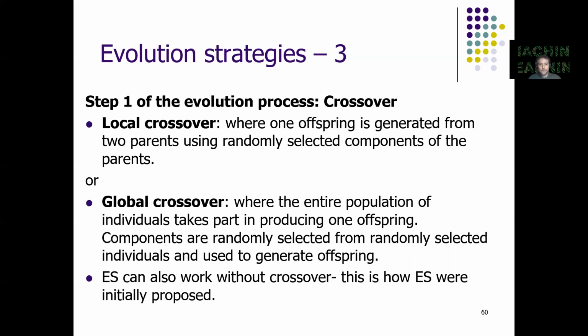Step one of the crossover, you can use local crossover, where the offspring is generated from two parents using randomly selected components of the parents. Or you can use a global crossover, where the entire population of individuals takes part in producing one offspring, and the components are randomly selected from randomly selected individuals to create the offspring.